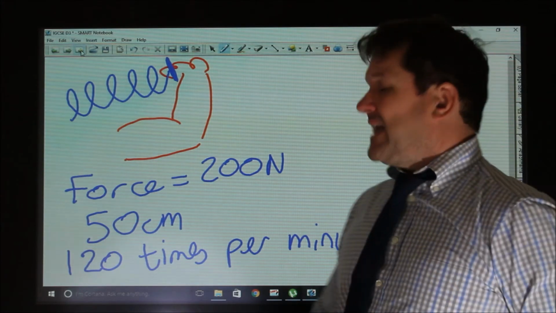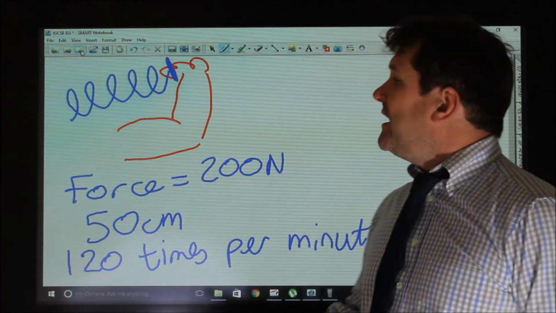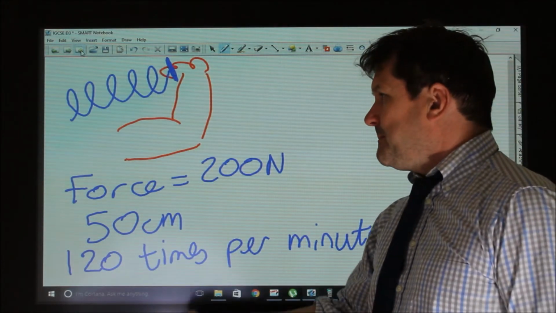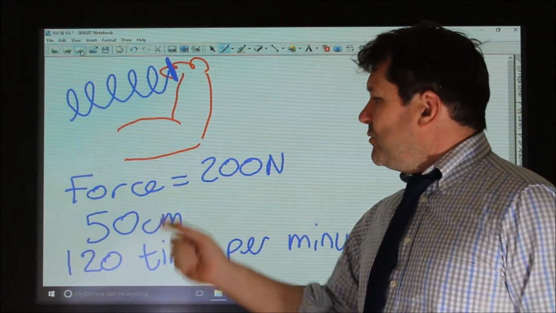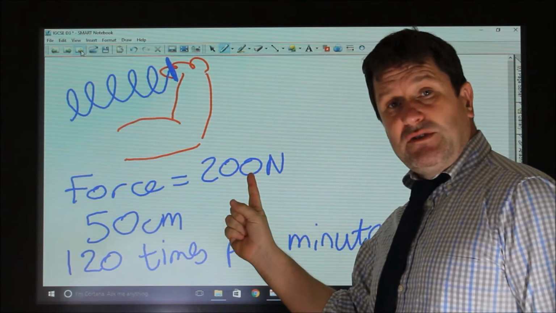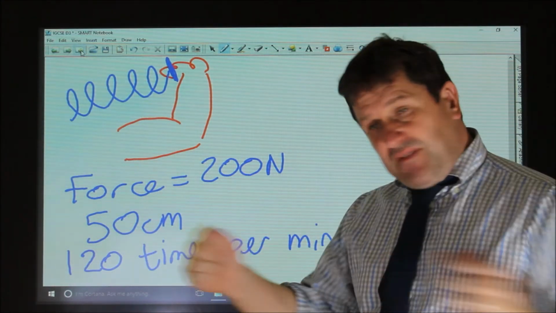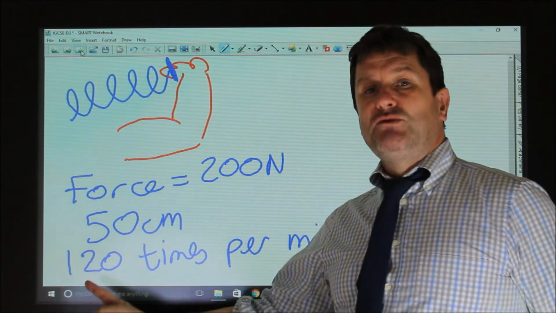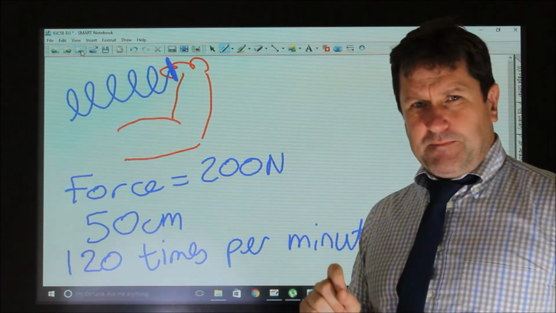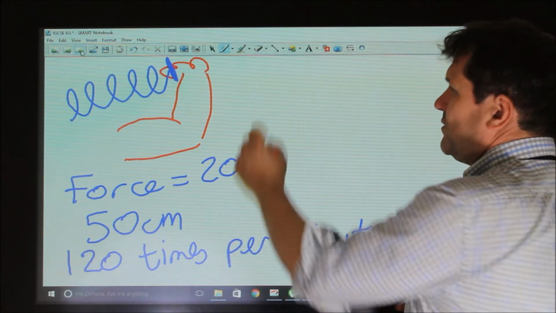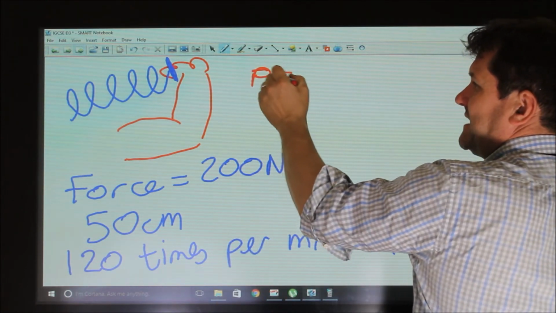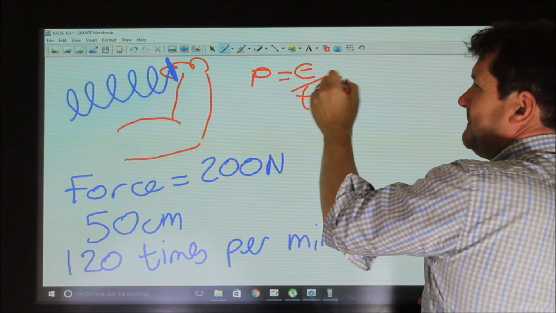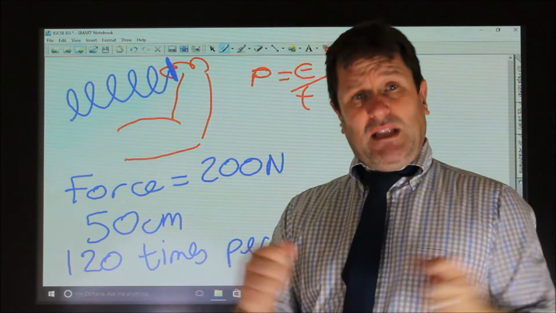We might be asked to calculate what is the power of this person's arm if they can pull a spring with an average force of 200 newtons, a distance of 50 centimetres, 120 times per minute. So firstly, because power is energy divided by time, what is the energy required to pull this?